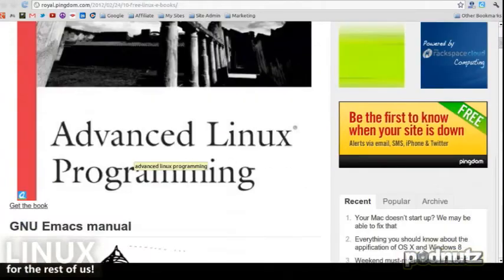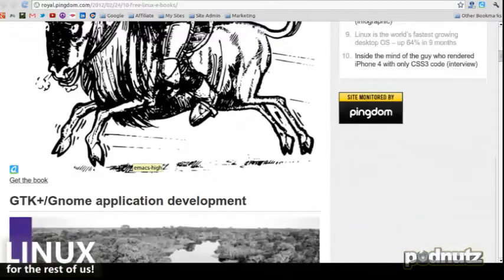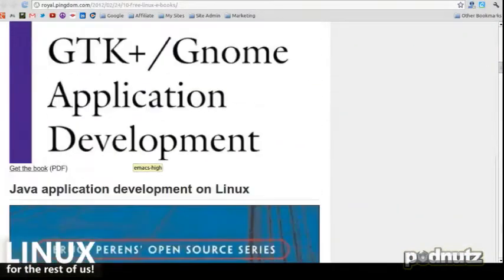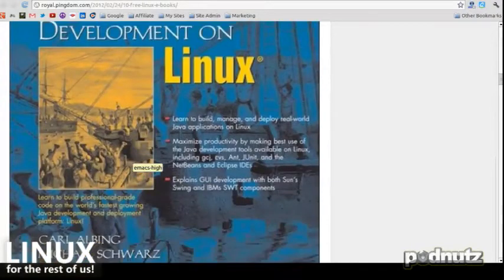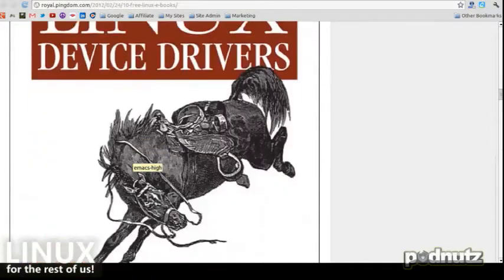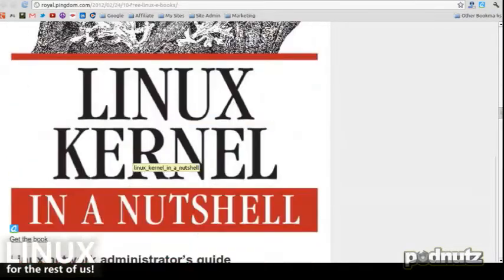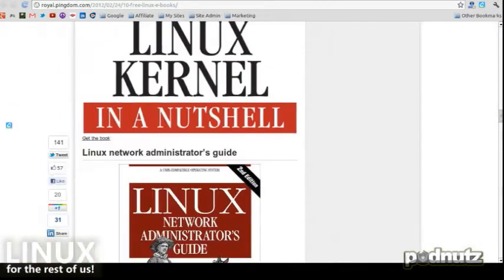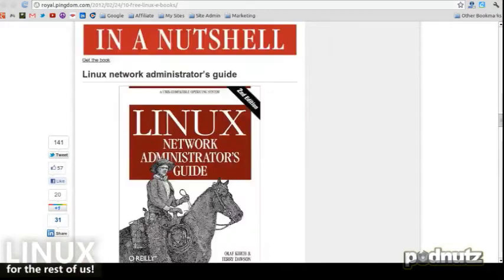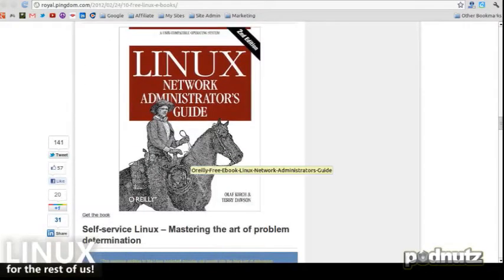Yeah, that's true. I've got to say, most of these books have utter cred, I'll say, because a lot of them look like O'Reilly books that he released for free. And then there's 2 or 3 I've seen other people mention. The Linux Network Administrator's Guide. This is the second edition. I think they're up to the fourth edition.